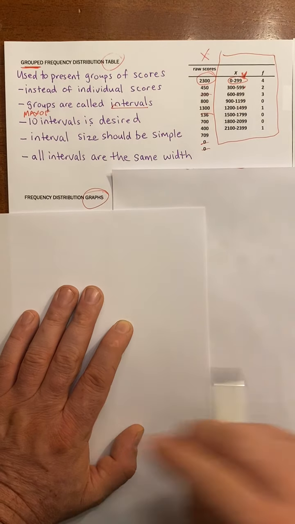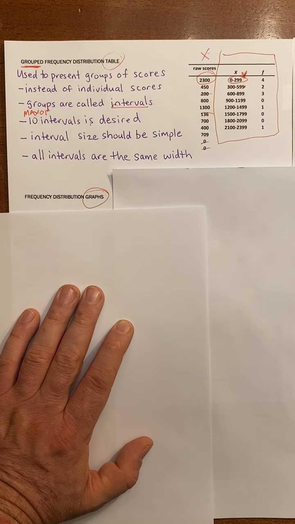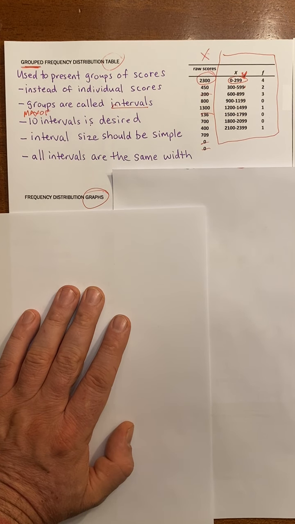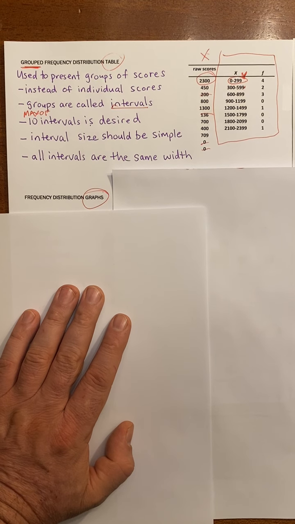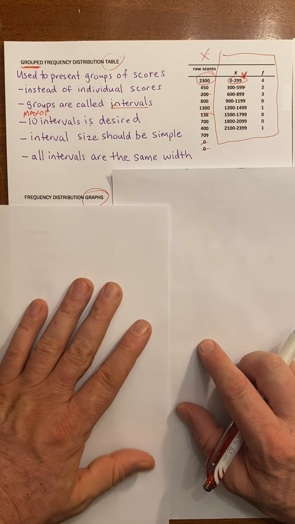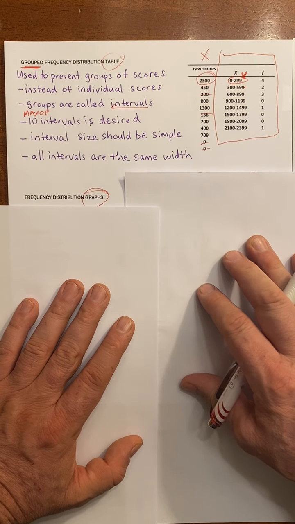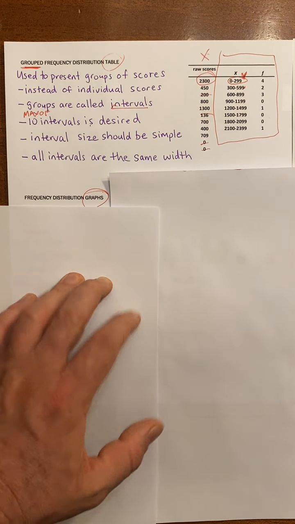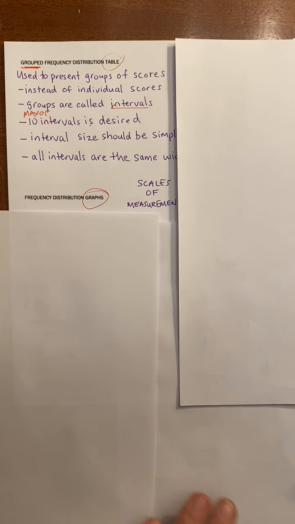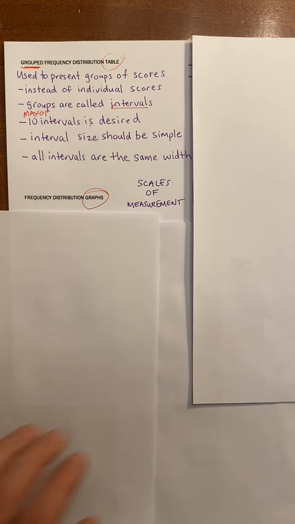Before we get into the graph, though, I need to take a moment to do a bit of review from chapter 1. This will help you understand everything I'm going to say about graphs in a moment. The review we need to do is on the topic of scales of measurement.